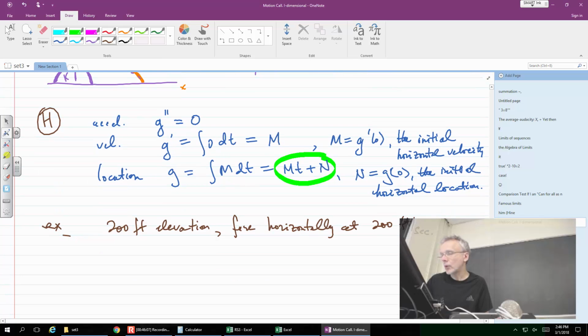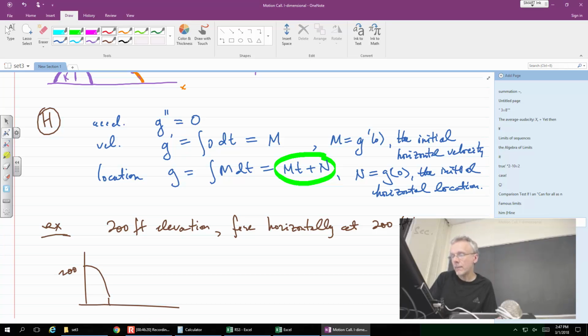So that's the situation that is certainly made up, but at the same time totally realistic. So we have some kind of hill of elevation of 200, and my cannon is at the top, and we are firing at 200 feet per second in the strictly horizontal direction.